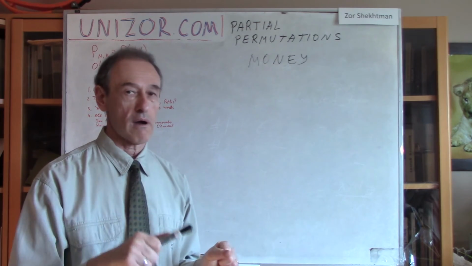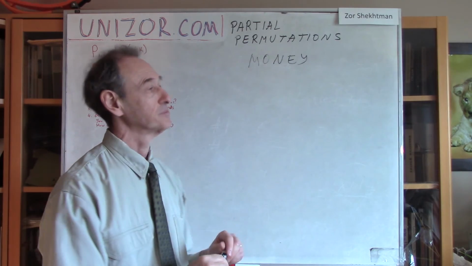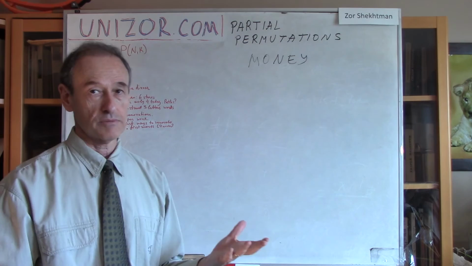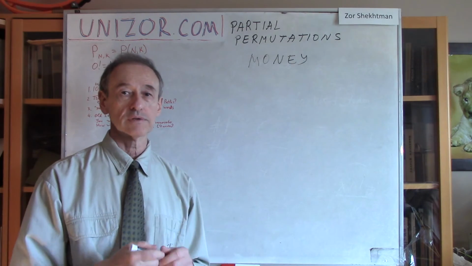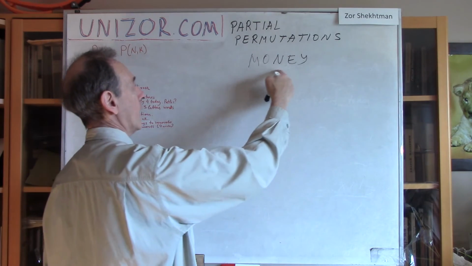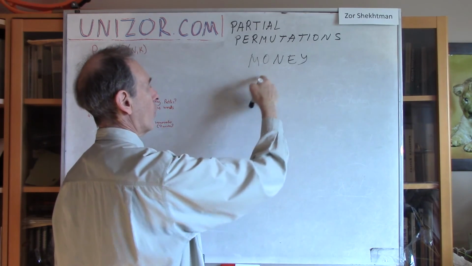When some of the objects are identical, would be a subject of another lecture. Okay, so you have the word money. It has 5 letters, right? And you have to construct different 3-letter words like M-O-N or N-O-Y or Y-M-O, etc.